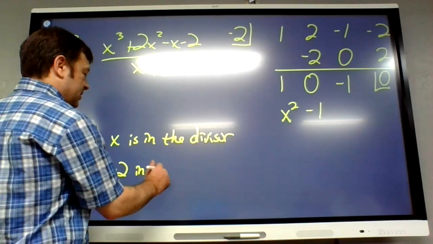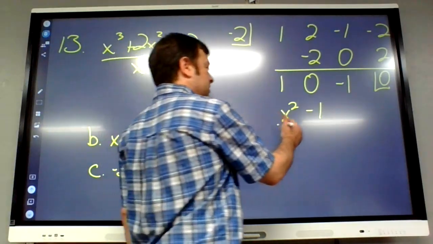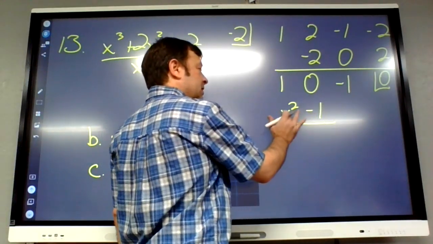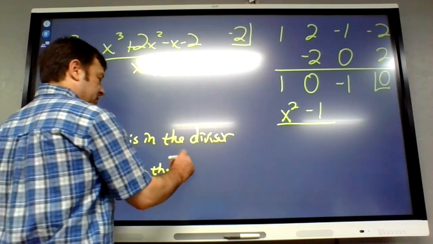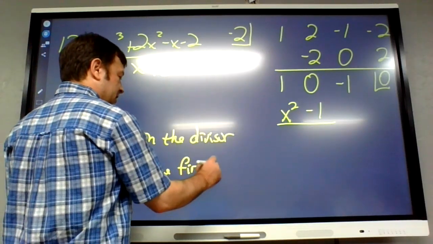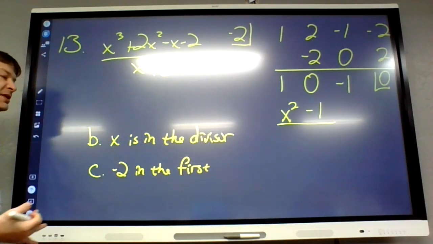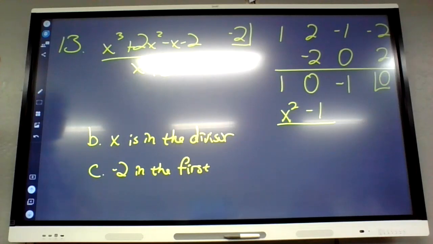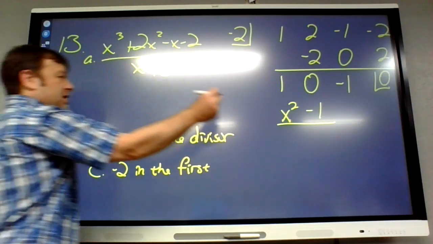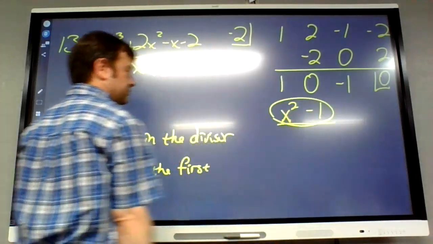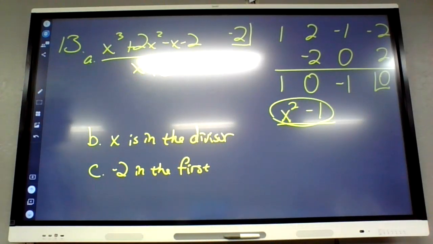Now is there anything that doesn't work in the second expression? No, everything's cool on that one. -2 in the first. They say it's undefined, that means nothing's happening at -2. So this is kind of the answer to A over here. They kind of told us the answer, I guess we just had to kind of show our work.